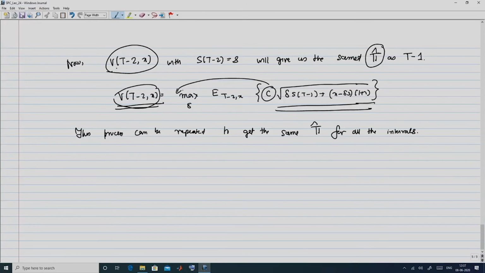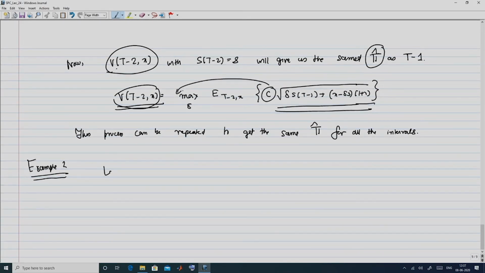Okay, so just to have a better clarity on this, let us look at another example. In this case, we now consider an investor with log utility, that is, v of t, x is going to be log of x.